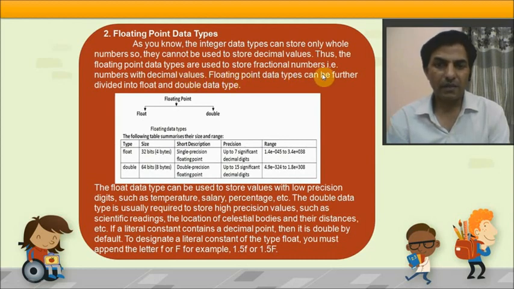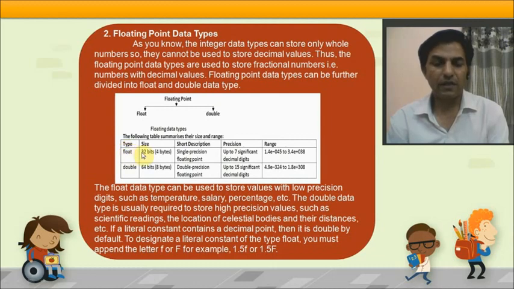Floating point data types can be further divided into float and double. Now let us see with the following figure. Here I have written floating point. It is subcategorized into float and double. The following table summarizes their size and range.